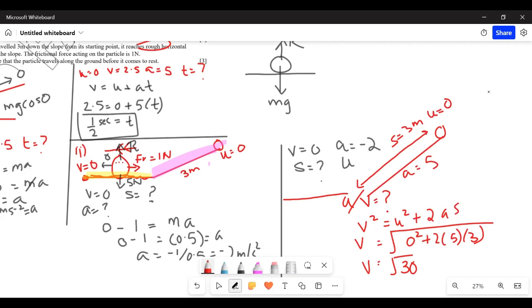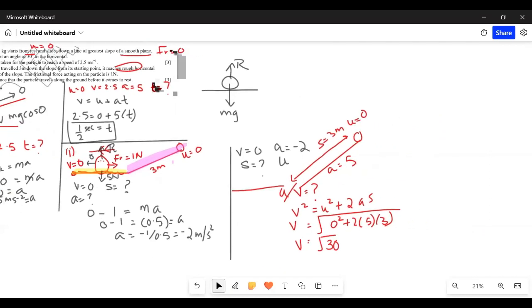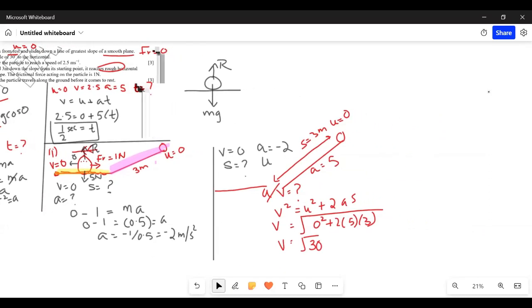You may use the decimal value or you may just use the surd form, that is the square root form, it's fine. So we know that now for the horizontal part of the journey, this is U. So rewrite this. V is 0 for the horizontal part of the journey because it's asking us to find the distance when the object comes to rest.